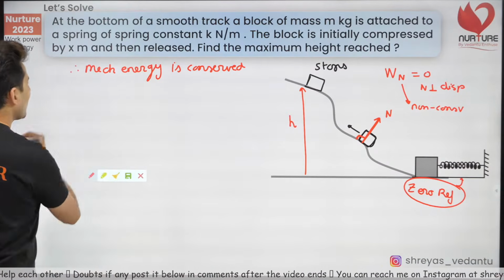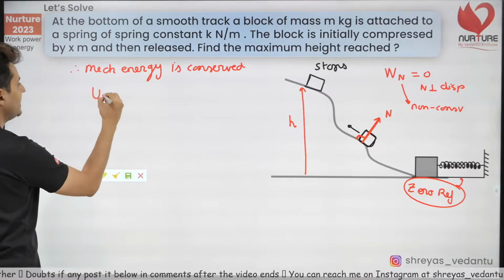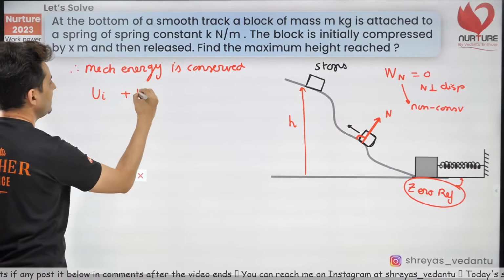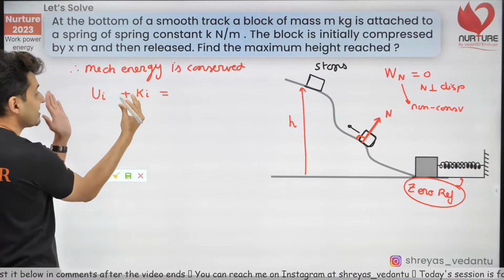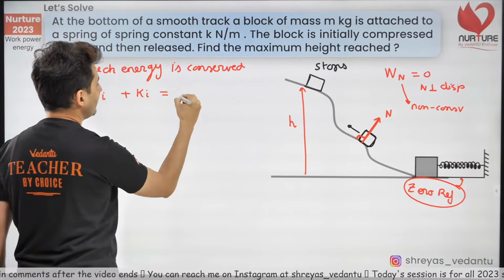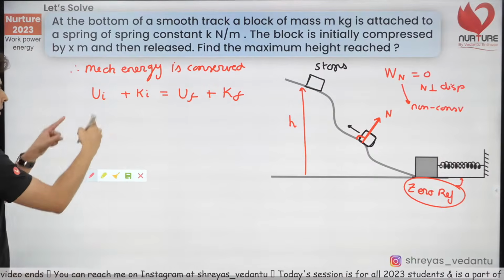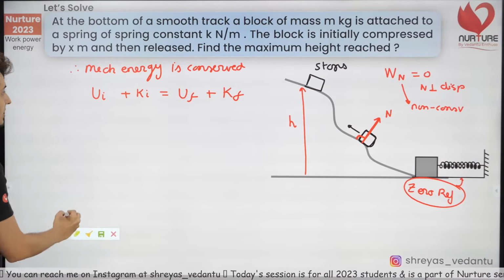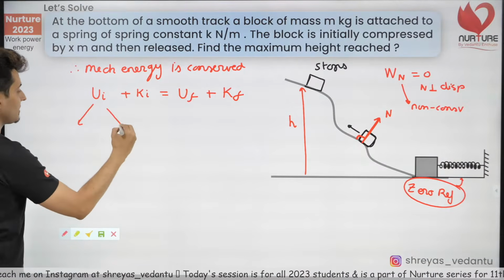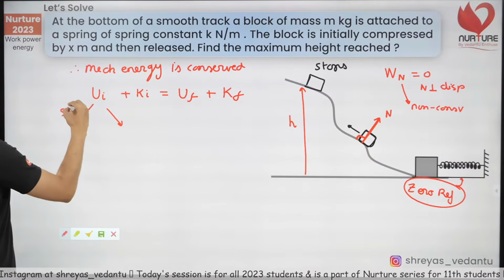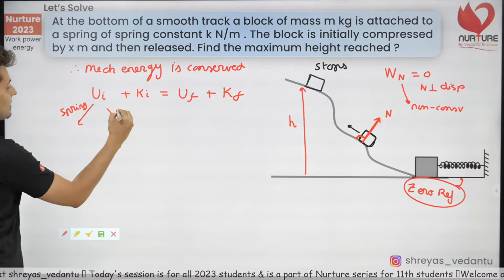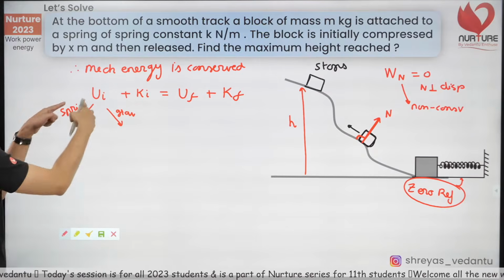Okay. So I can write this as initial potential energy plus initial kinetic energy, because it is conserved. Final will be final potential energy plus final kinetic energy. What do you think is the initial potential energy? Well, there are 2 types: one is the spring and the other one is gravitation.